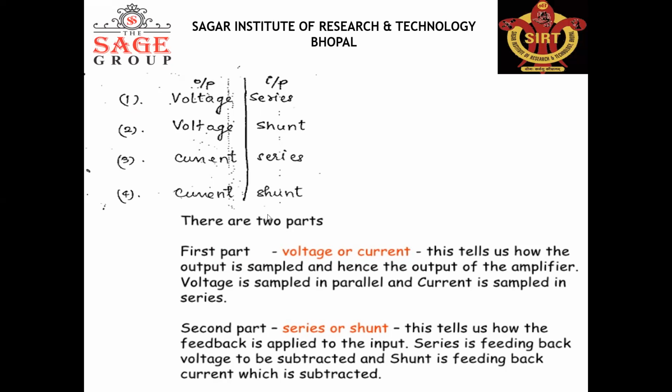The second part says series or shunt. This tells how the feedback is applied to the input, that is, how the feedback signal is mixed with the input signal. With series feedback, voltage is subtracted, and with shunt feedback, current is subtracted.